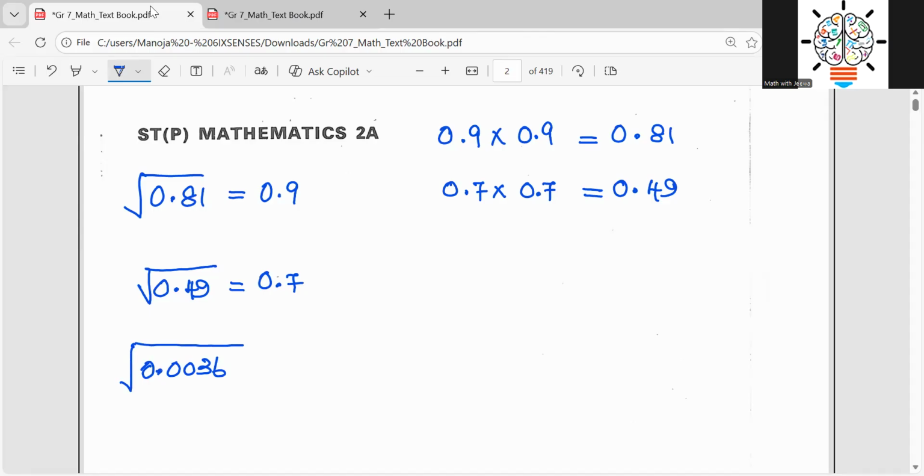If it is a decimal, you start from the decimal point. You do it like this. Here it is 0, here it is 6. So then you write 0.06. If you want to double check, 0.06 multiplied by 0.06, what will be the answer? 6 times 6, 36. But you have two decimal places. That means there should be four decimal places.